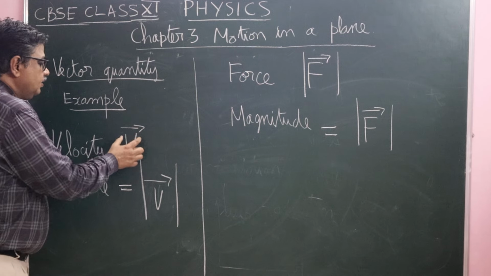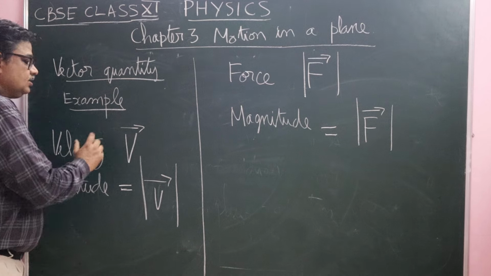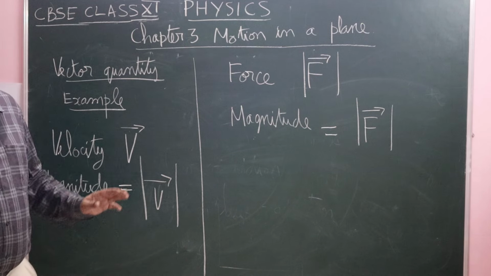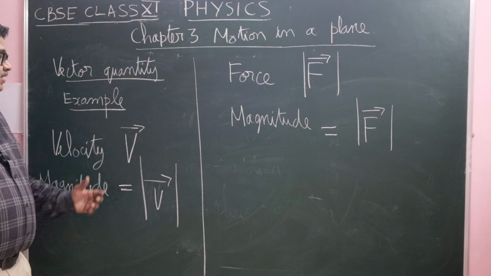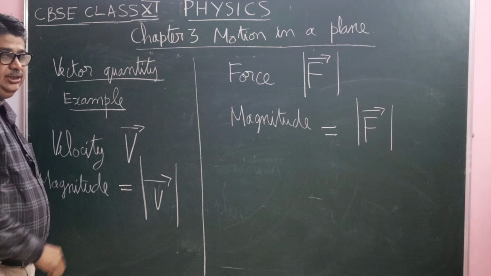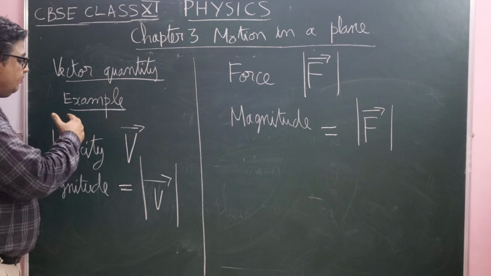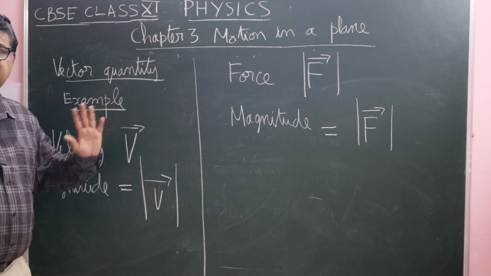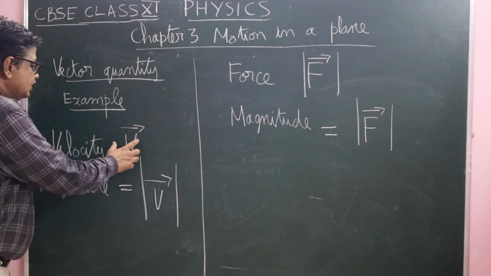This is called the velocity vector. This arrow symbol shows the direction, because it is a vector quantity, it has got some direction. The direction may be from left to right, or top to bottom, right to left, whatever it may be. But it has got a direction.